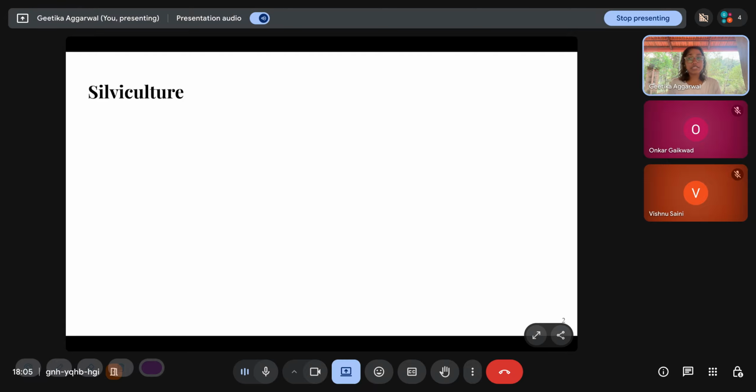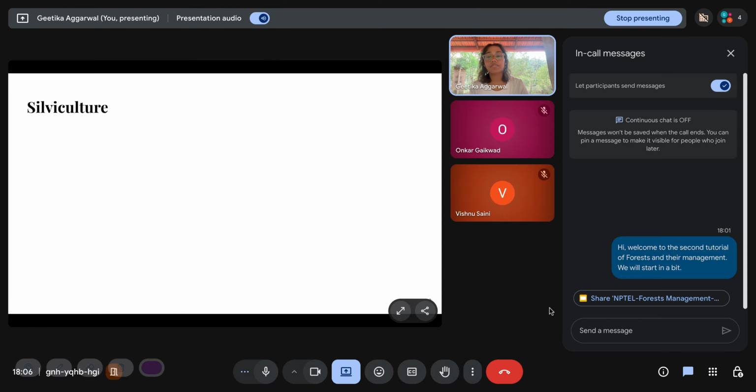So can you tell me what is silviculture? What do we understand by silviculture? You can either unmute yourself or type it out in the chat box, whatever suits you.